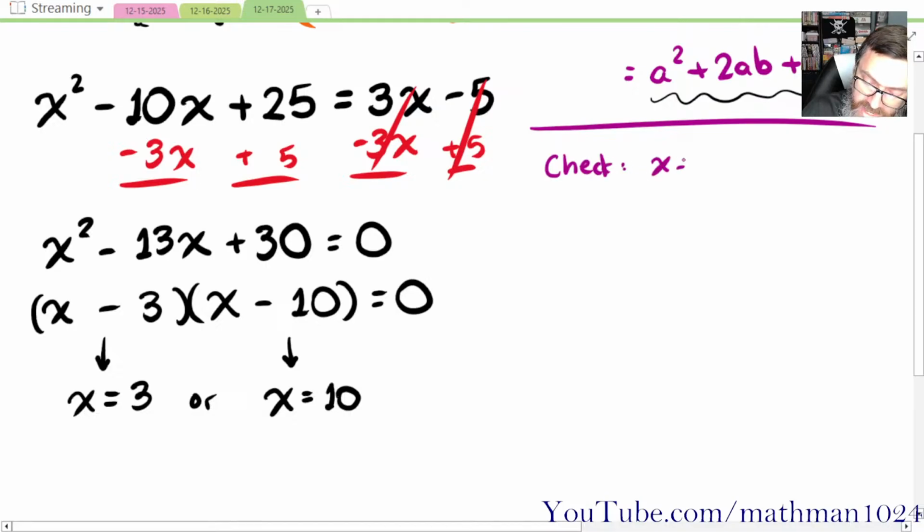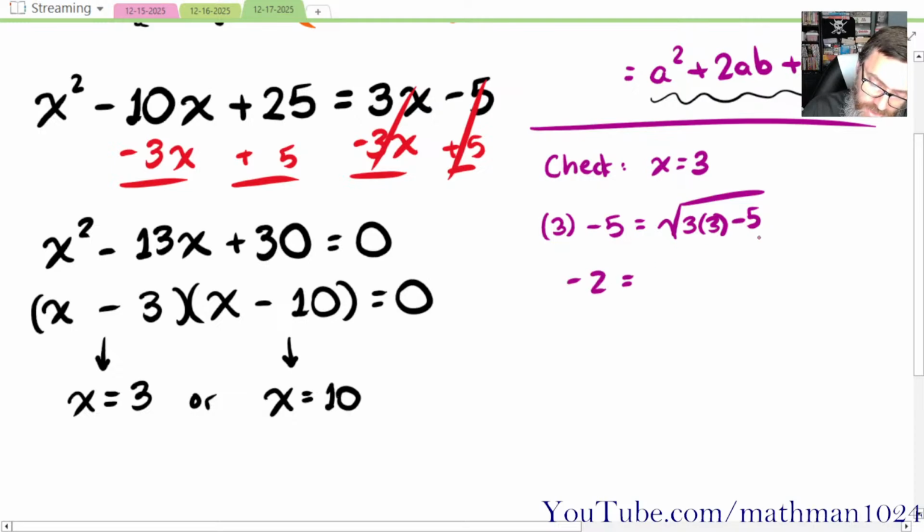So let's check x equals 3 and see if this is true. So if I plug in 3 for x, does this side equal the other side? Well, here on the left, I get -2. And on the right, let's see, this is 9 minus 5.